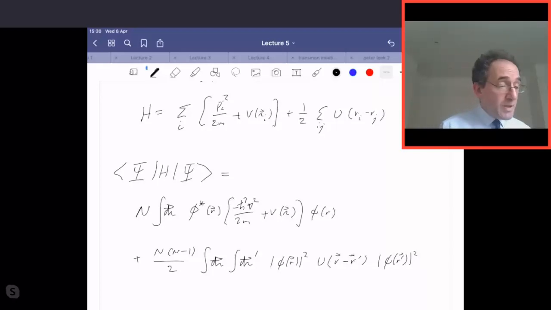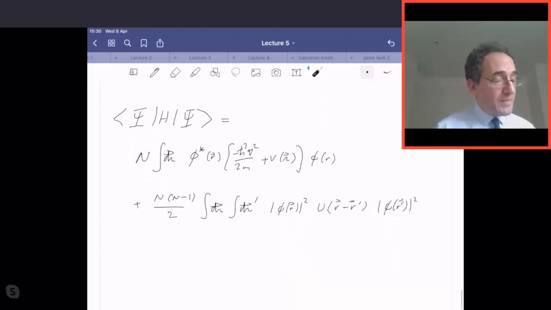Okay, very natural result here that we have N times the single particle energy, and then we have the interaction between the density at position r and the density at position r prime.